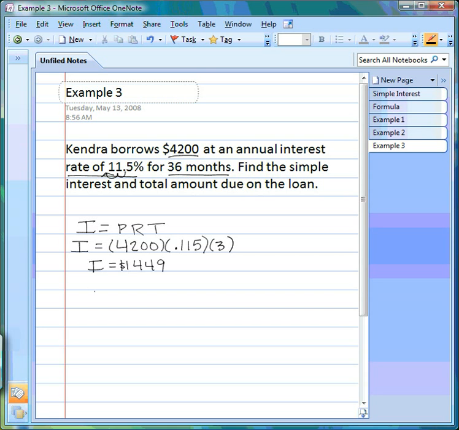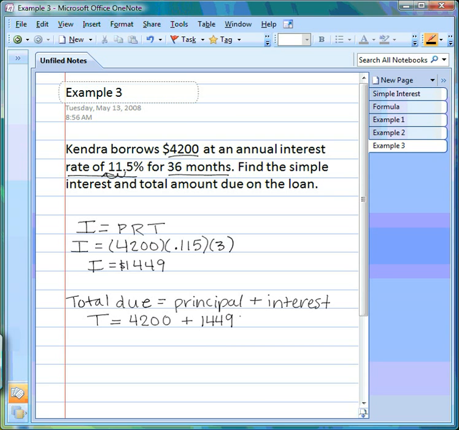So the total amount due is going to be the principal plus the interest. So we can fill in for that. So the total amount due is the principal, which is, from our original question, $4,200, plus the interest that we figured out, which is $1,449.